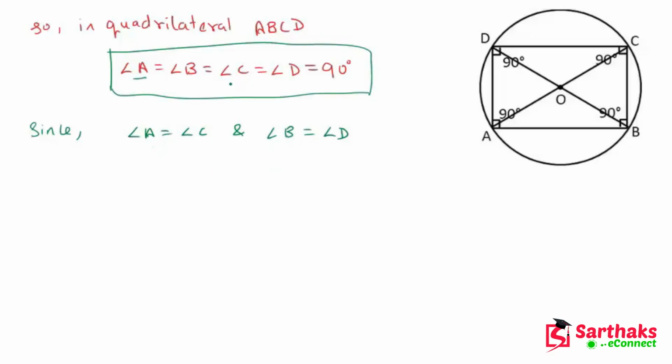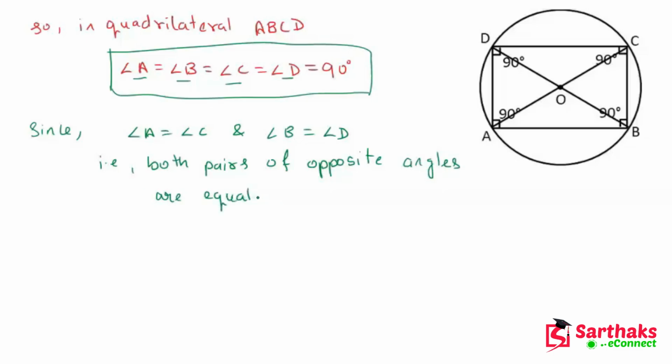Angle A equals angle C, both 90 degrees, and angle B equals angle D. So both pairs of opposite angles are equal. So ABCD is a parallelogram. Also all angles are 90 degrees.